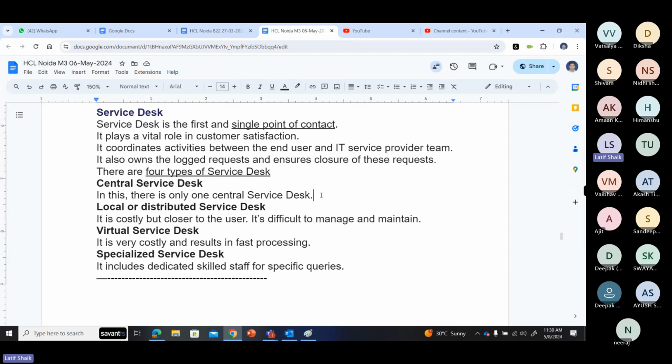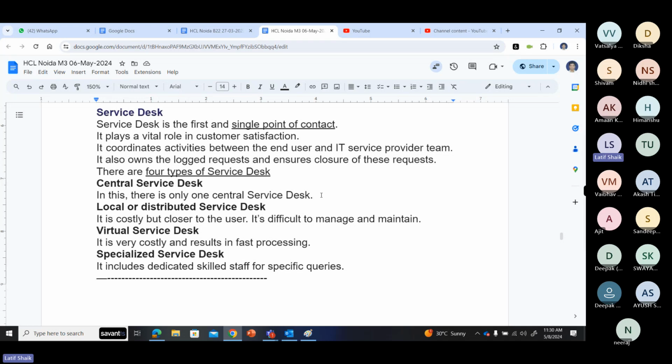Local or distributed is better to maintain in different regions, with multiple service desks closer to the user. For example, my customers are in New York, so I will manage the service desk near the New York office, instead of putting it in India.